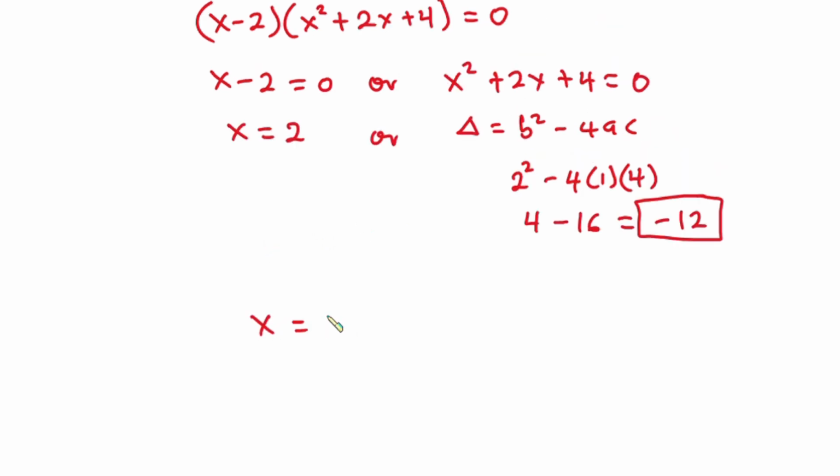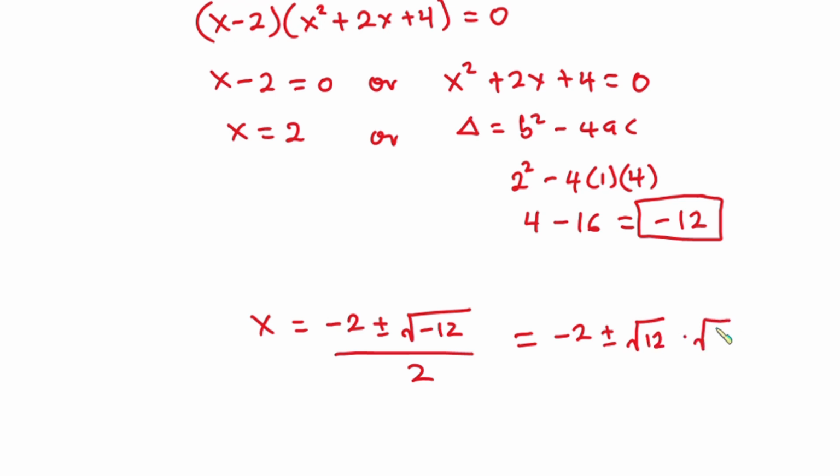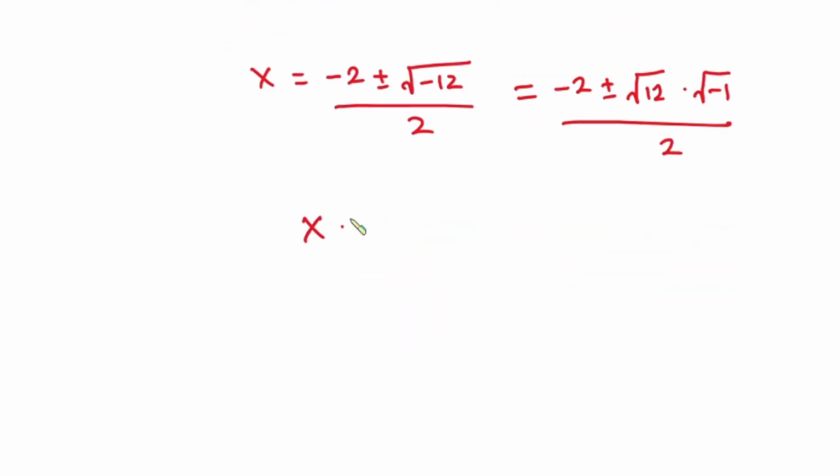So we have x is equal to minus 2 plus or minus square root of negative 12 divided by 2. And this is also the same as negative 2 plus or minus square root of 12 times square root of negative 1 divided by 2. So x is equal to negative 2 plus or minus square root of 12 is the same as 2 square root of 3 then times the i divided by 2.